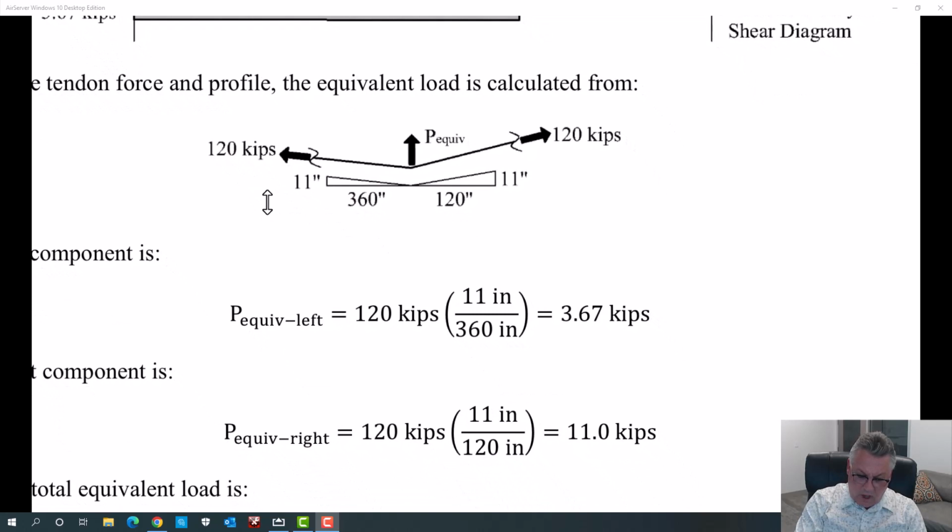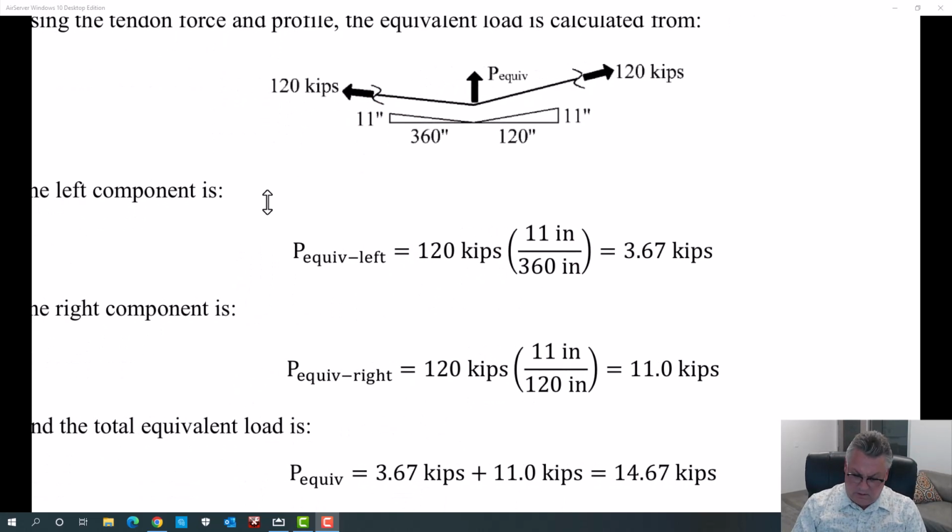The vertical component from this side is 120 kips times 11 over 360, or 3.67 kips. The equivalent load from this side, force in the tendons times the 11 over the 120, and we get 11 kips.